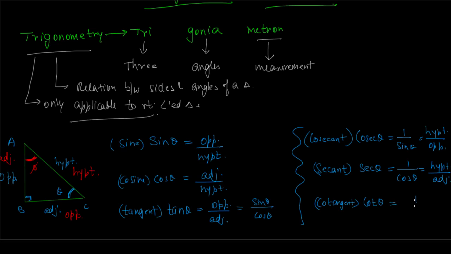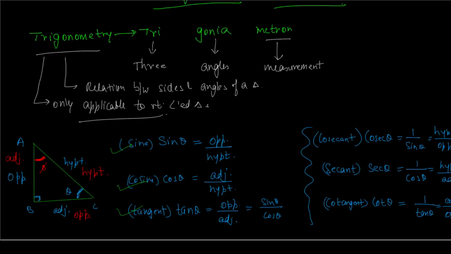Cot theta is equal to 1 by tan theta, which is equal to adjacent by opposite, right? So these are the 6 trigonometric functions, out of which these 3 are the primary functions, whereas these are just the reciprocals of these 3 primary functions. So I hope the functions of trigonometry are absolutely clear, right?